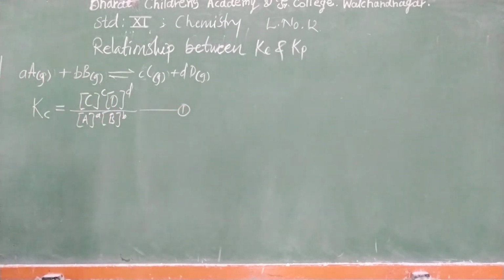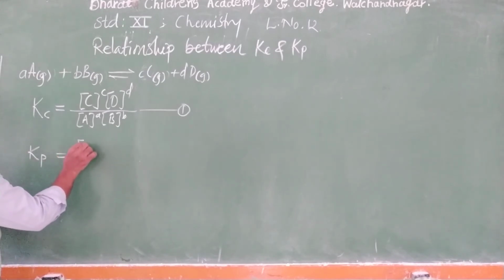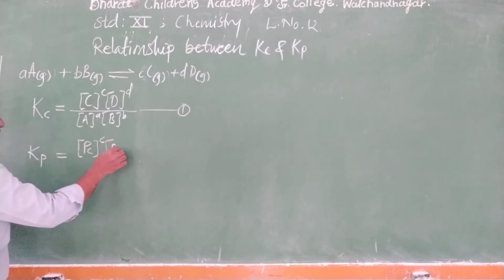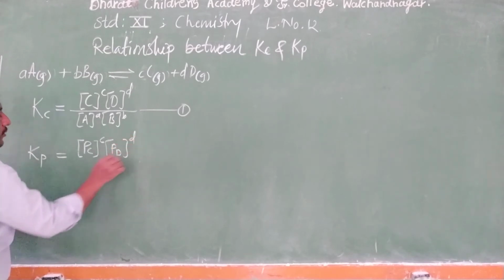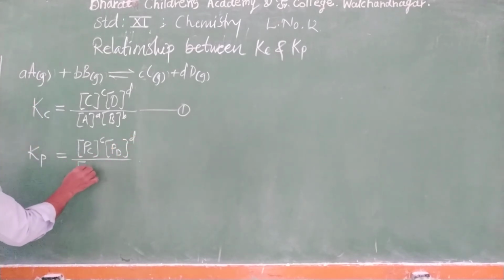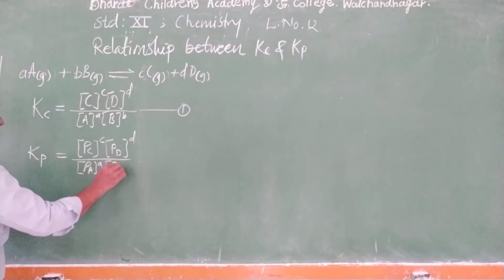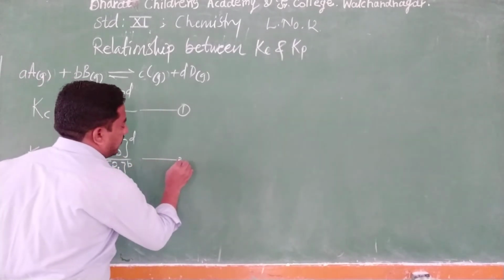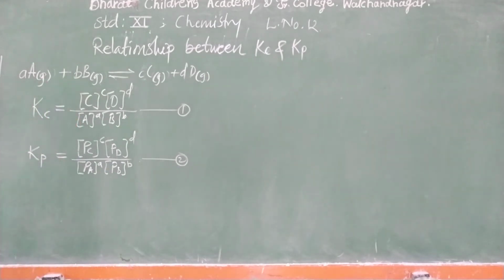Now, the second situation: if the equation is in the gaseous state, then you get pressure of C raised to c into pressure of D raised to d upon pressure of A raised to a into pressure of B raised to b. Such an equation will be obtained if the given reaction is in the gaseous state, right?